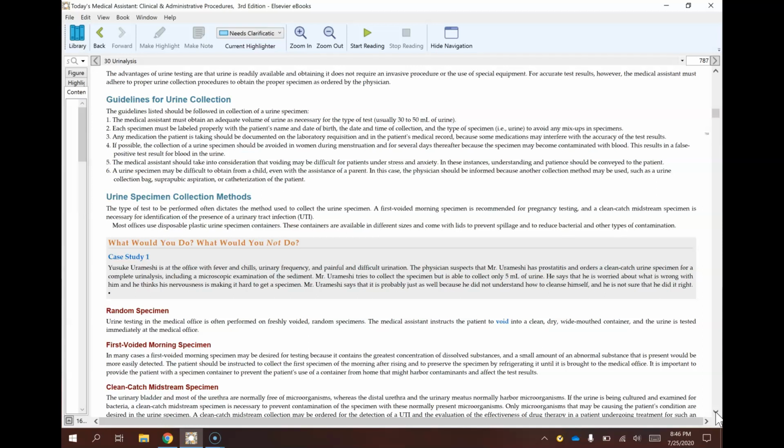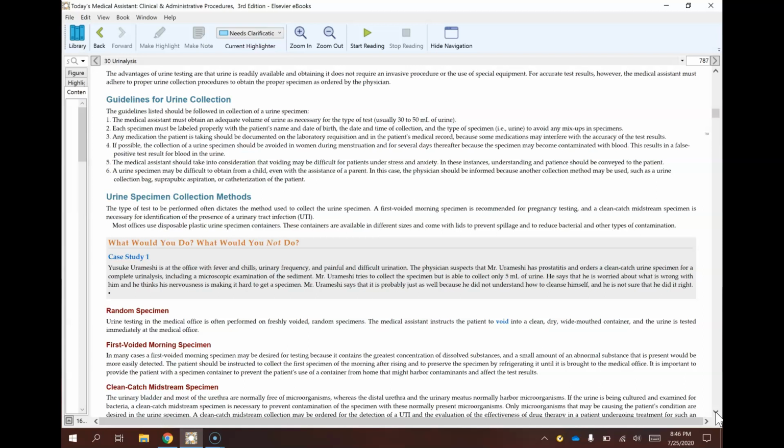sediment. Mr. Urameshi tries to collect the specimen, but is able to collect only 5 mL of urine. He said he is worried about what is wrong with him, and he thinks his nervousness is making it hard to get a specimen.